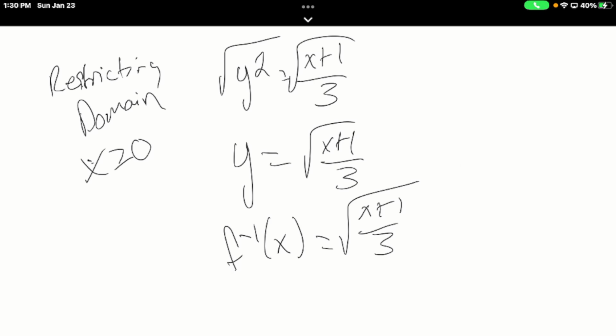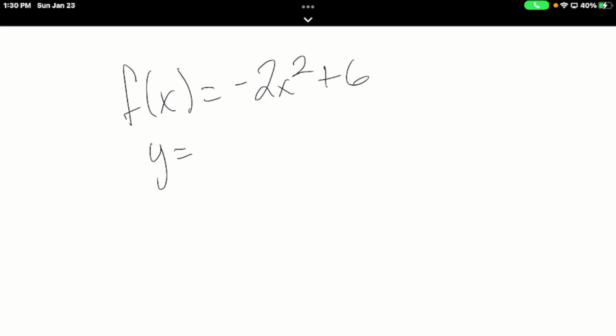Okay, so your turn. Try this one yourself before looking at how I got the answer. I'm going to have negative 2x squared plus 6. Okay, so try that first and then see if your work matches up with mine. Okay, so I'm going to replace f of x with y.